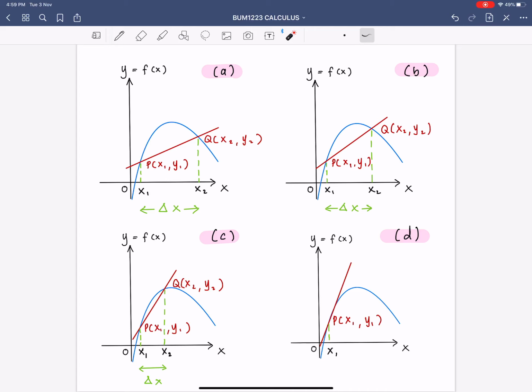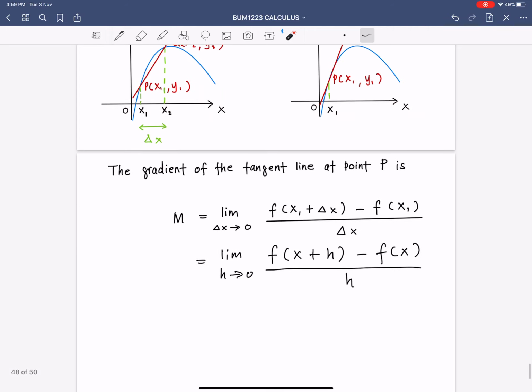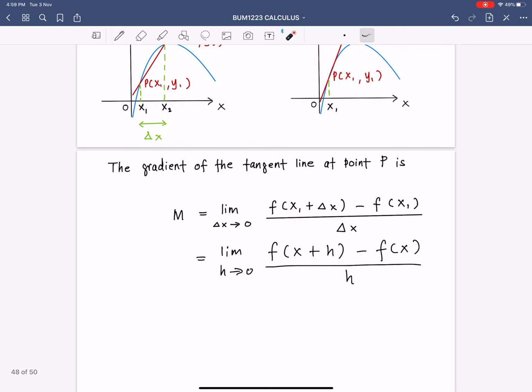This idea has brought about the definition of the gradient of the tangent at point P, which is given by the limit as delta x approaches 0 of (f(x1 plus delta x) minus f(x1)) over delta x.